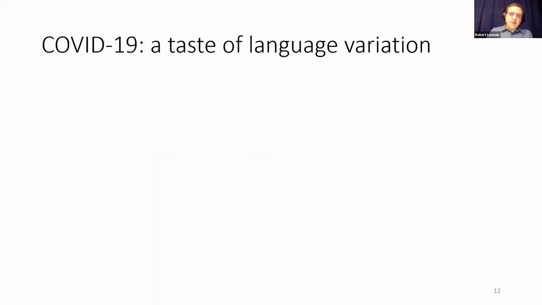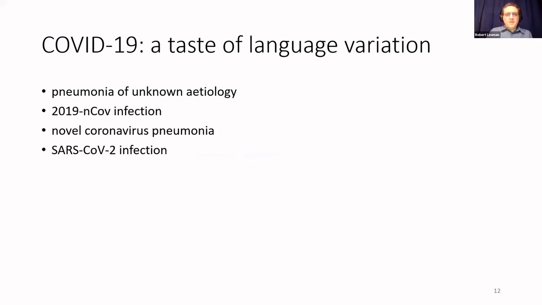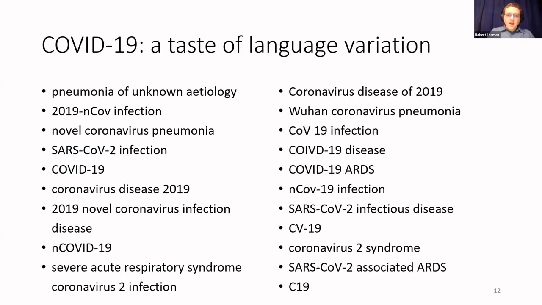Just to give you a taste of language variation that's rather timely, here's one on COVID-19. Originally, authors publishing about COVID-19 could not specify anything more than just some basic symptoms. But then after the cause became known, authors began using names that referred to that. And then we had a standard name that was suggested by the World Health Organization.